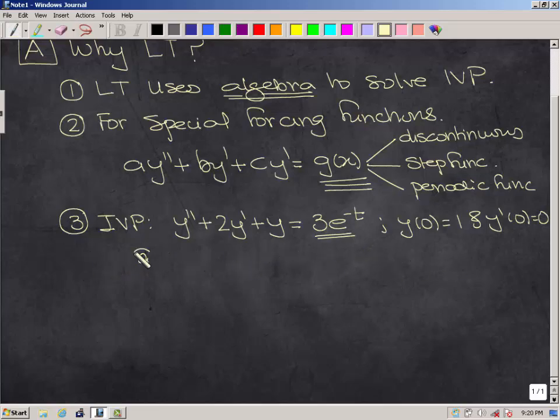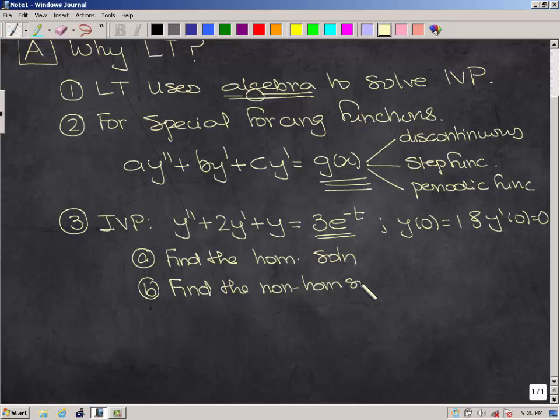So what we would have done first is find the homogeneous solution. The next thing we would have done is find the non-homogeneous solution, and to do that we could have used variation of parameters or the undetermined coefficients method.